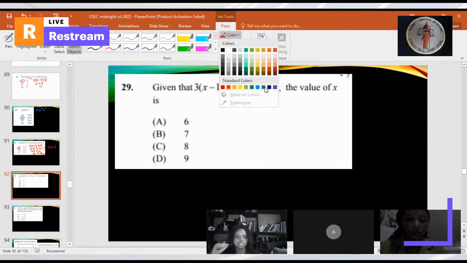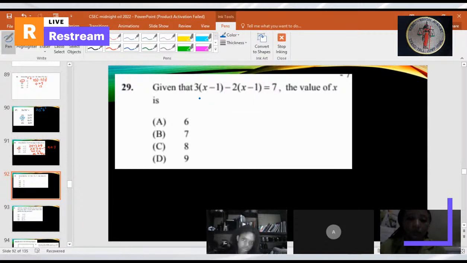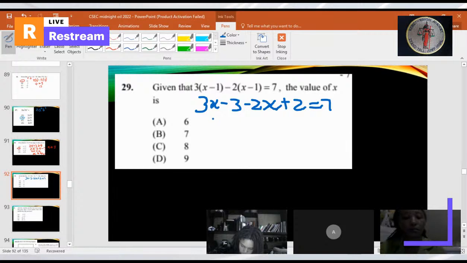So we're going to use the distributive law for this question. 3 times x minus 1 is 3x minus 3, and negative 2 times x minus 1 is negative 2x plus 2, and that all equals 7. So we're going to put the like terms together.